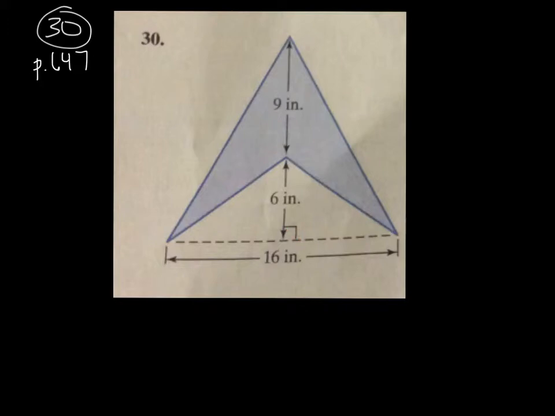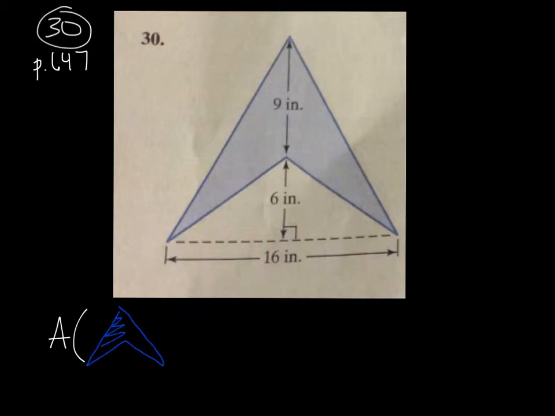So hopefully you agree with me that the area of this shaded region, so maybe let's color it similar to this, maybe this blue. I want to find the area of this shape.